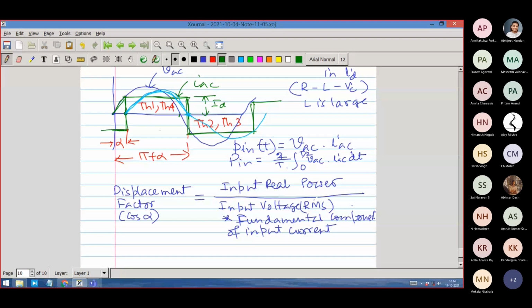After pi, the input voltage is negative but the current is positive, but the durations are the same. Here the voltage is positive and the current is positive, and here voltage is negative and current is negative, but two negatives make a positive quantity. So eventually these will be the same.